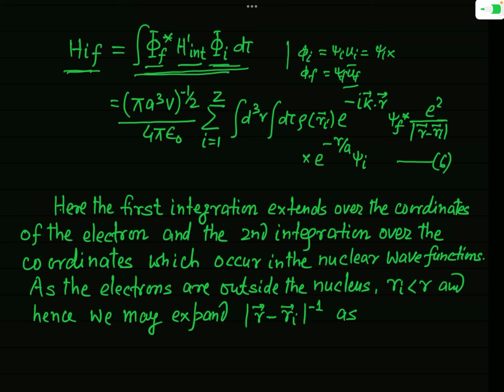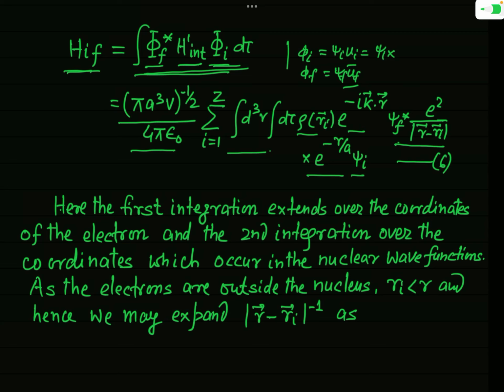This will be pi a cubed v whole to the power minus half over 4 pi epsilon naught, summation i equal to 1 to Z, integral d3r integral d tau rho r_i times e to the power minus i k dot r times psi f star times e squared over mod of r minus r_i times e to the power minus r by a times psi i.